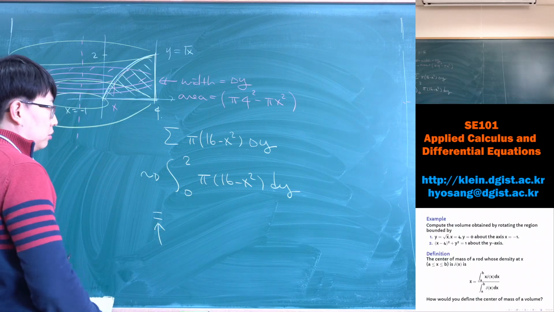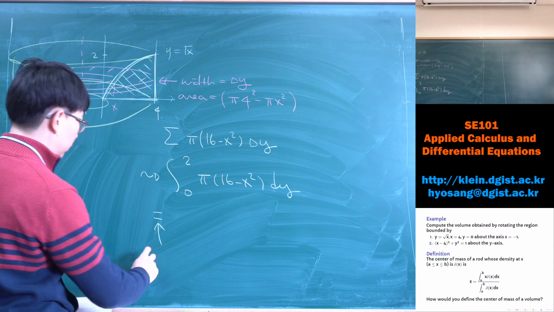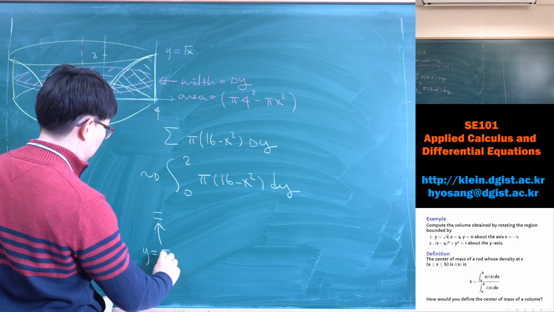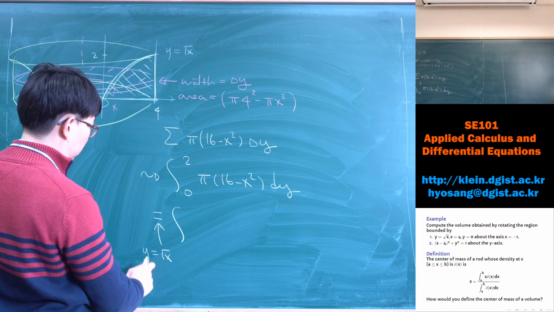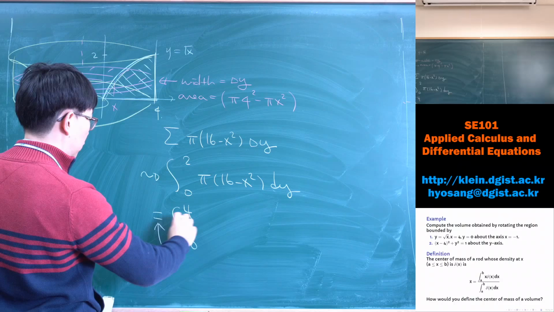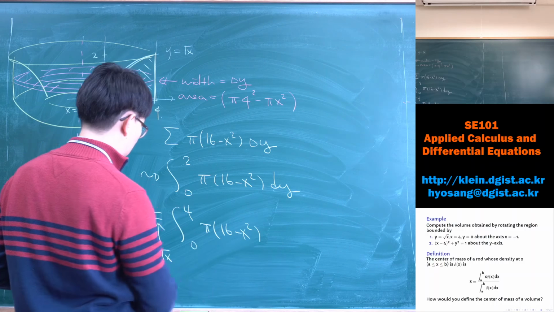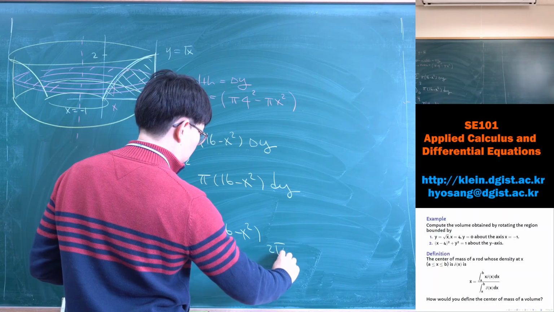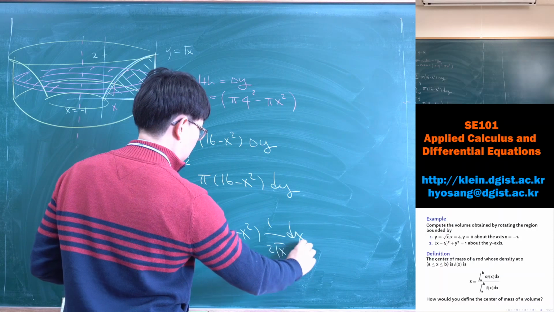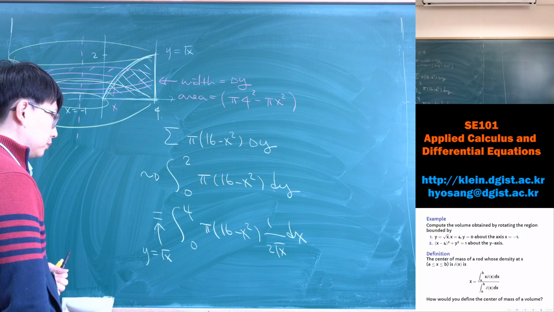But now let me change back this y in terms of x, because y is square root of x. So when y is 0, x is 0, and when y is 2, x is 4. So pi 16 minus x squared, and dy is 1 over 2 square root of x dx.